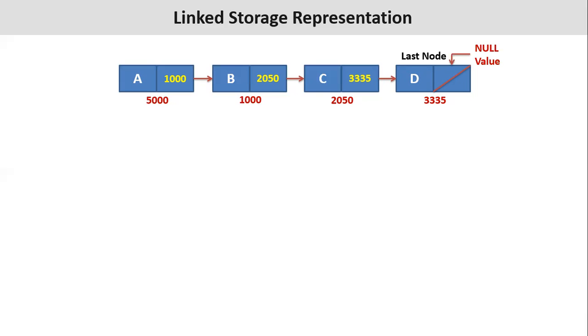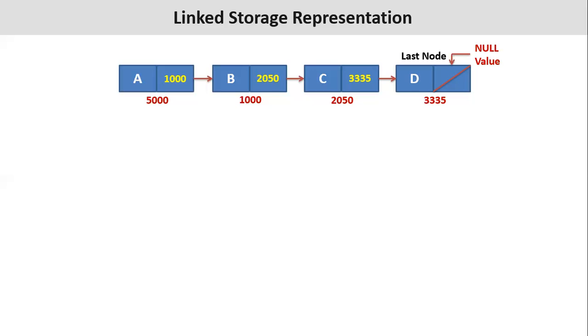Here we have a simple singly linked list, a singly linear linked list, in which we have four nodes A, B, C and D. The first node is A with information, 5000 is its address, and 1000 is the address of the next node. The second node is B, the address of B is 1000, and 2050 is the address of the third node.